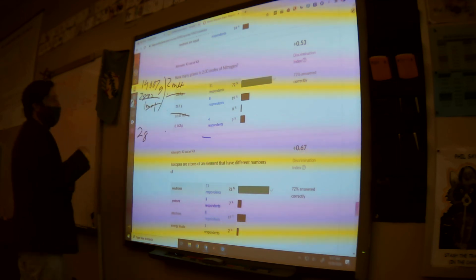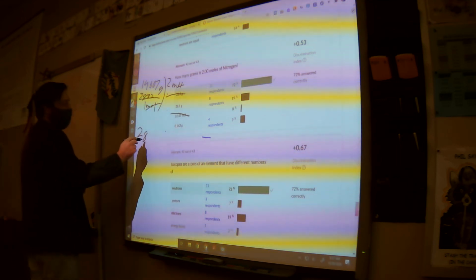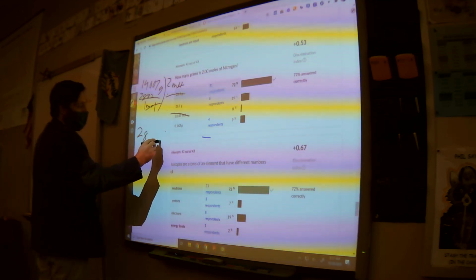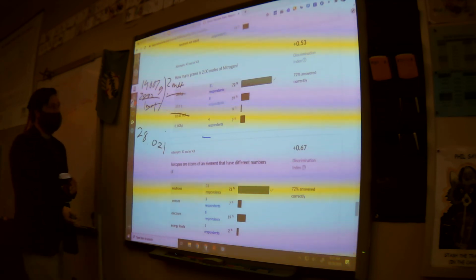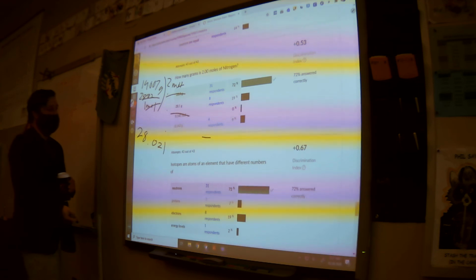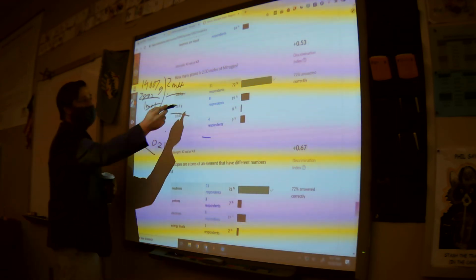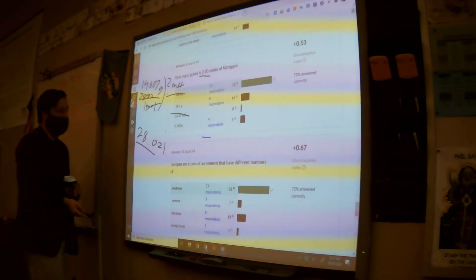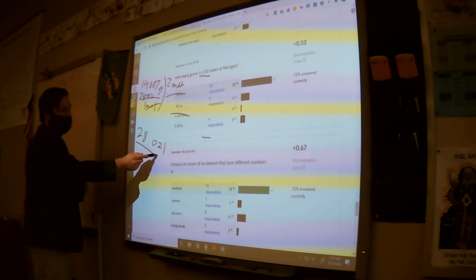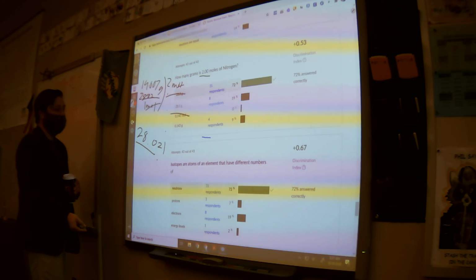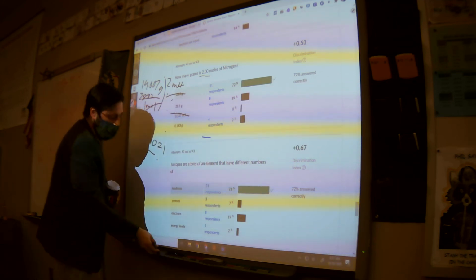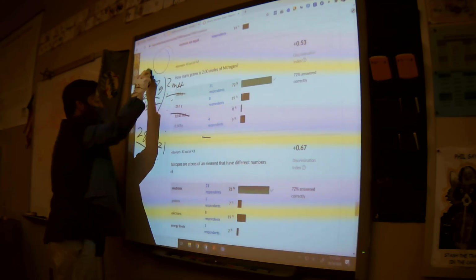If I multiply 14.007, it's going to be 28.021. I only take the first 3 sig figs because we have 3 sig figs up here. Are we going to round up or down? We round down. 28.0.